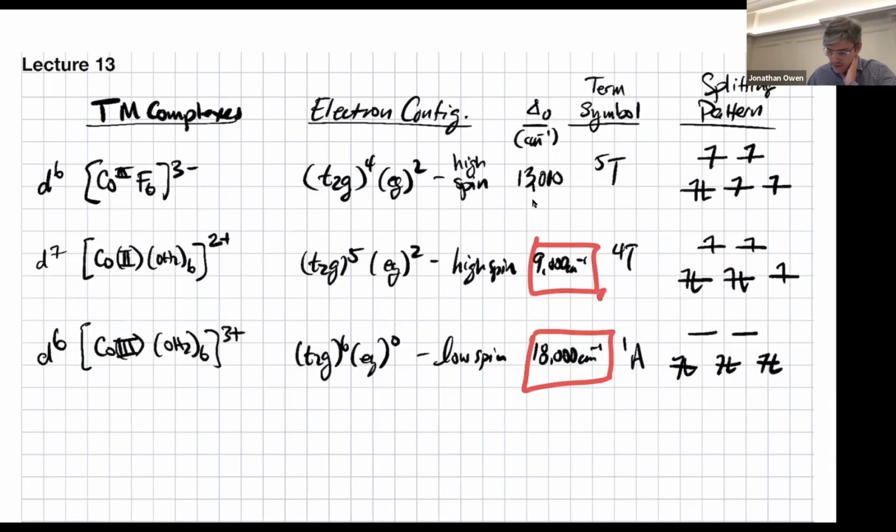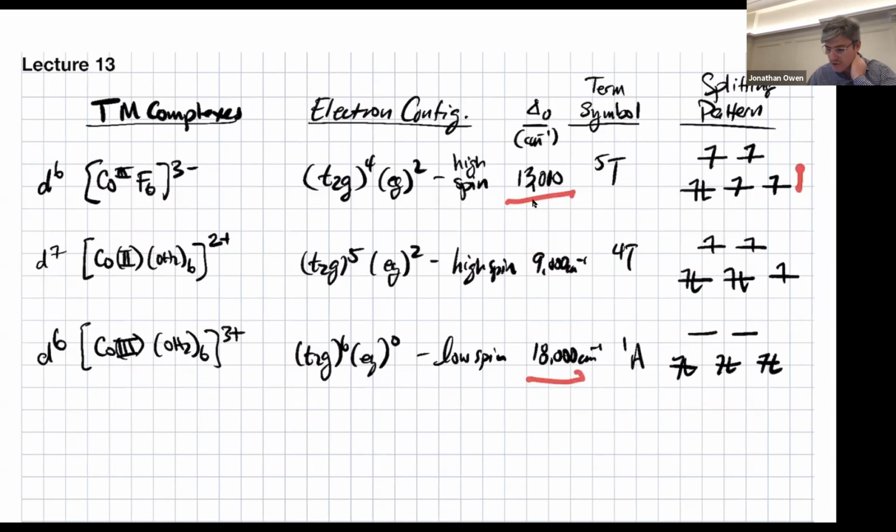Okay, now let's look at cobalt-3 hexafluoride. Now we've got a cobalt-3 ion, very acidic like this cobalt-3 ion is, but we've got fluoride donors, a 3- charge, and some pi donating character. And all of those things will reduce that delta O. So if you want to compare this one and this one, you might say the delta O went down by 5,000 wave numbers because we've got a 3- charge and pi donor ligands.